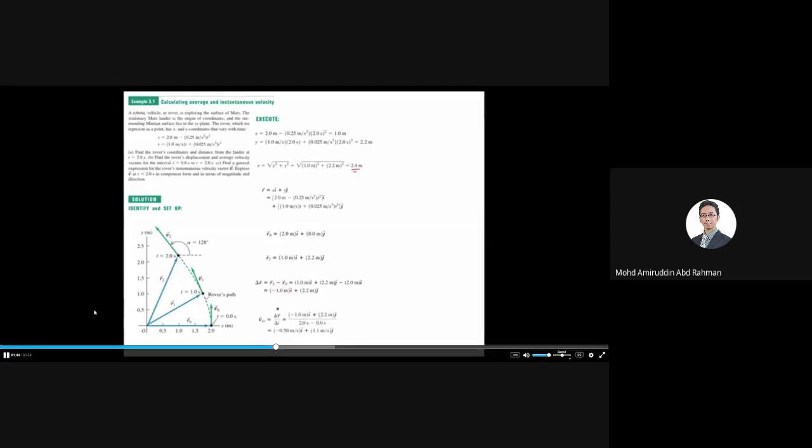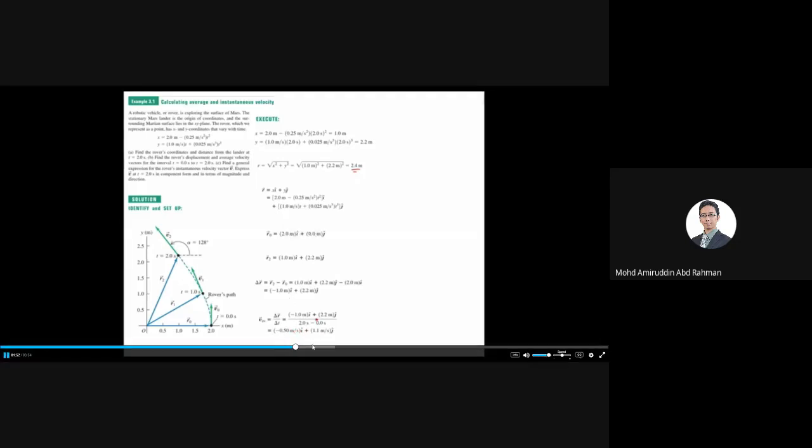The average velocity is defined as the displacement over the time at which the displacement occurred. So the average velocity is delta r over delta t. Delta t is 2, because 2 minus 0. Basically the answer is minus 0.5 i plus 1.1 j.